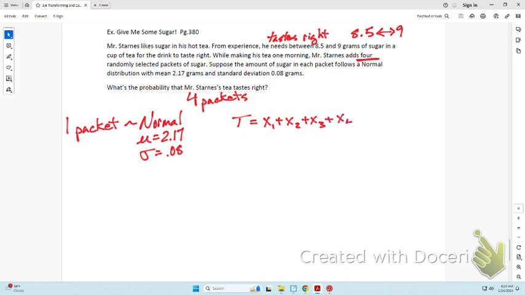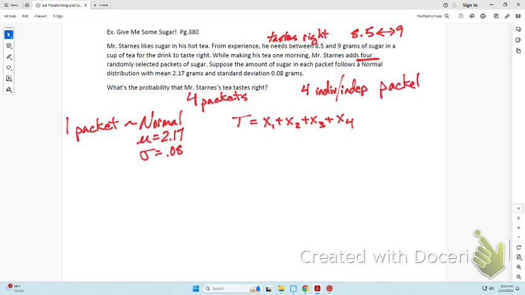and 4. One thing that's really important to do is to write it just like this, because I've seen people mess up the standard deviation if they write it differently. So for example, if they write t equals 4x, it's the reason why that would be bad is because we have 4 individual packets or independent packets.